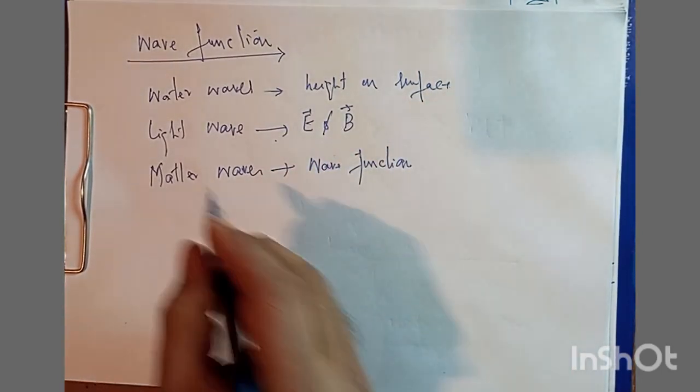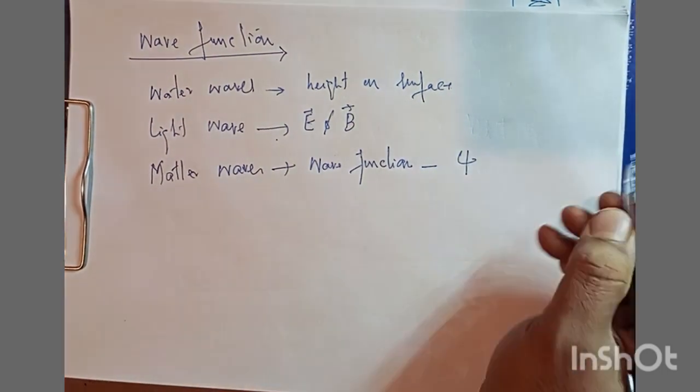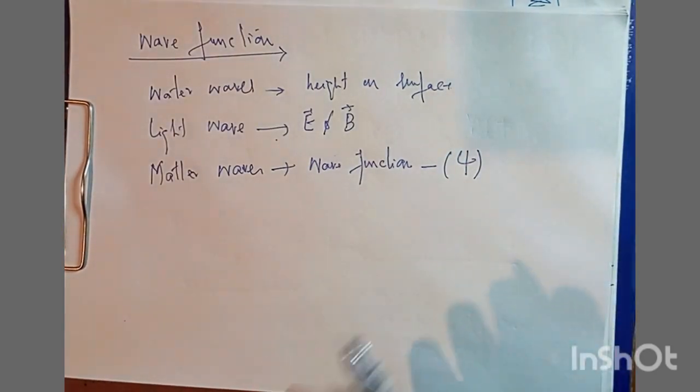To be precise, this wave function is represented by psi, right? And psi is a vector. It is a state vector, and psi is basically related to the probability of finding a particle.